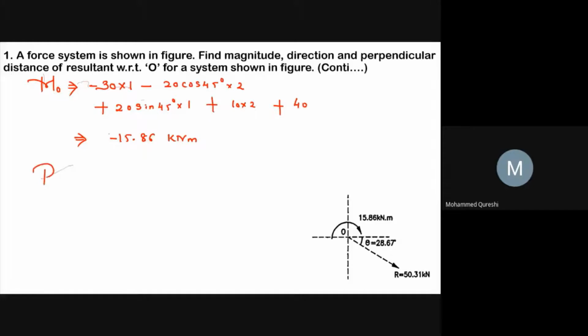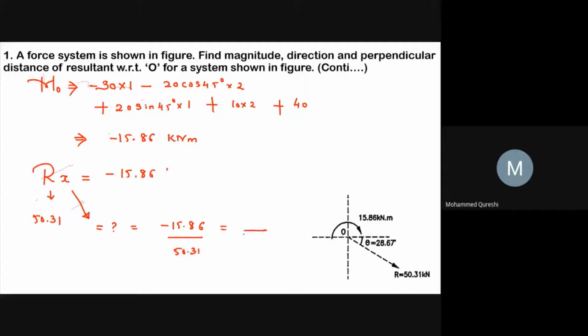And as we know that R into X equals to minus 15.86. So considering the value of R as 50.31, we will easily get the value of X as minus 15.86 upon 50.31.